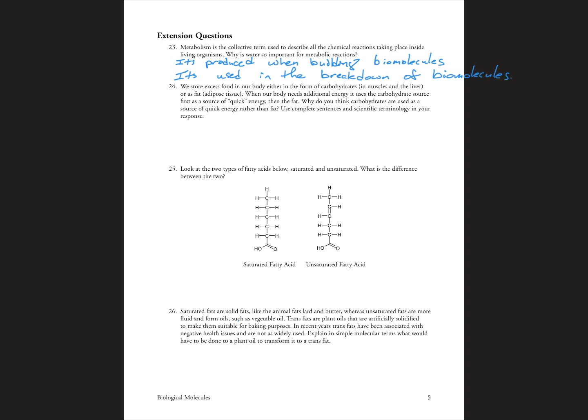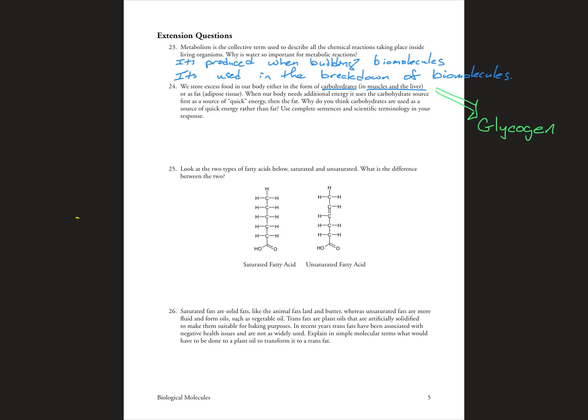We store excess food in our body, either in the form of carbohydrates in muscles and liver, and fat in adipose tissue, right? Carbohydrates are stored in the liver and muscles in the form of, as I summarized at the beginning, glycogen, right?